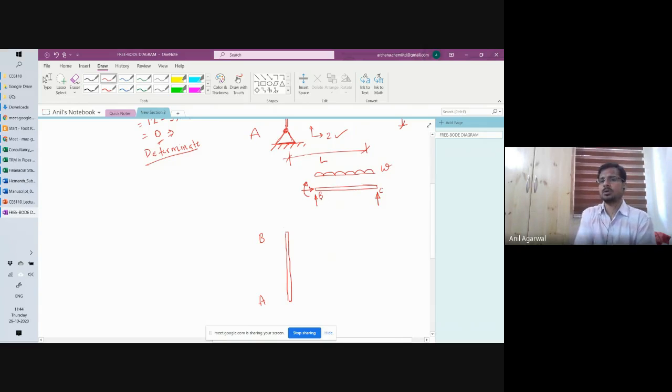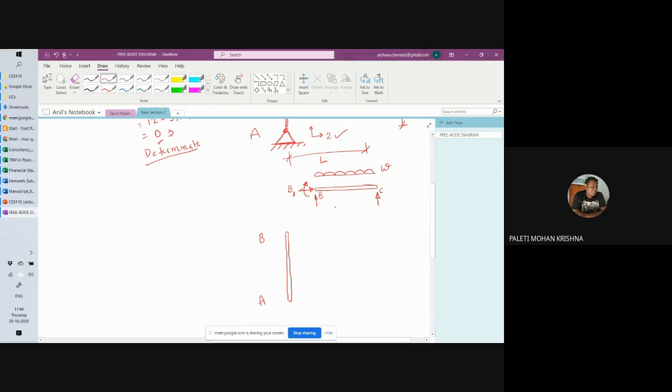Now, what can we say about the forces at BC? From equilibrium, let's try to solve some of these forces. So from equilibrium, we can say that this horizontal force, we can call it Bx. Okay, horizontal force at joint B. How much will that be? 0, sir. 0, right?